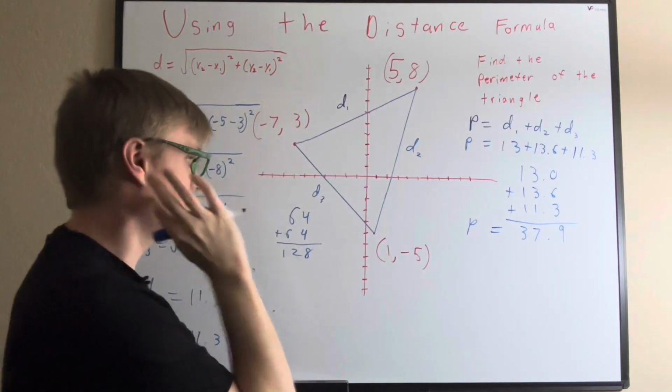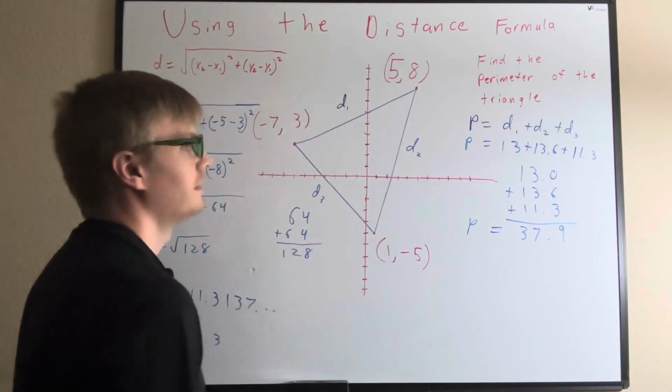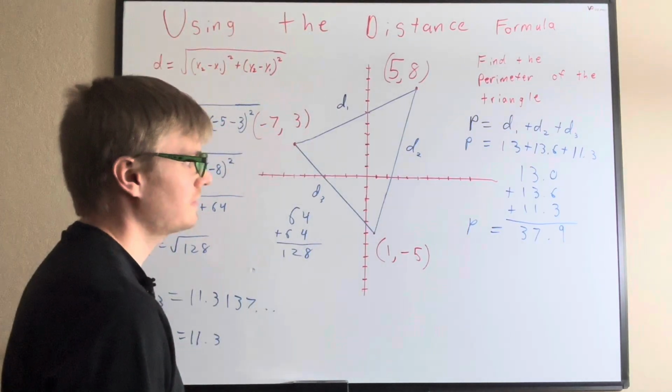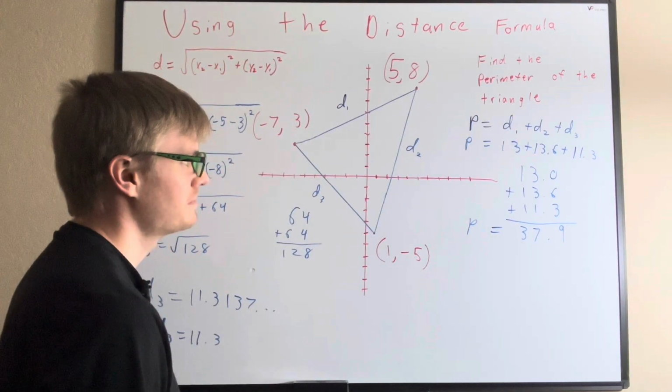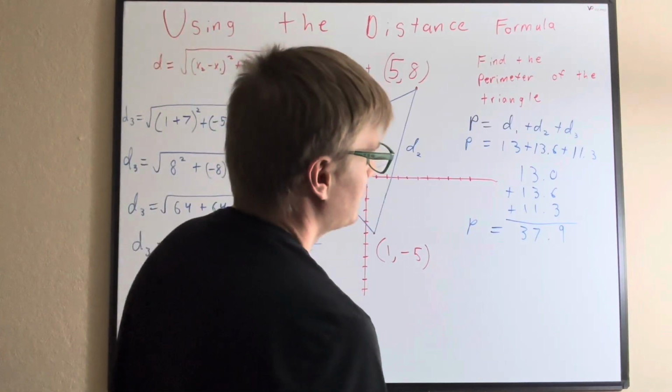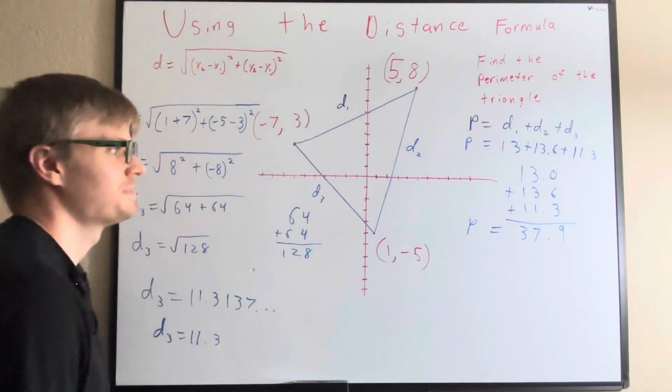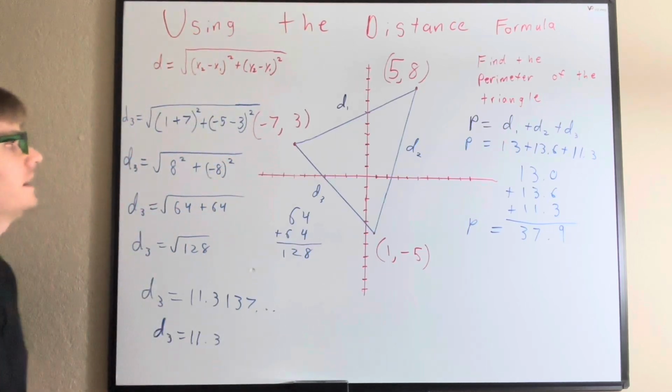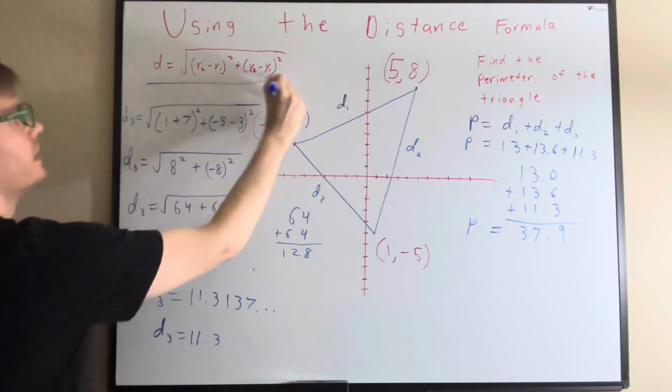Maybe a little more because you want to wrap it around those 3 points a few times. It's the best example I could come up with. That is how you use the distance formula. Remember that.